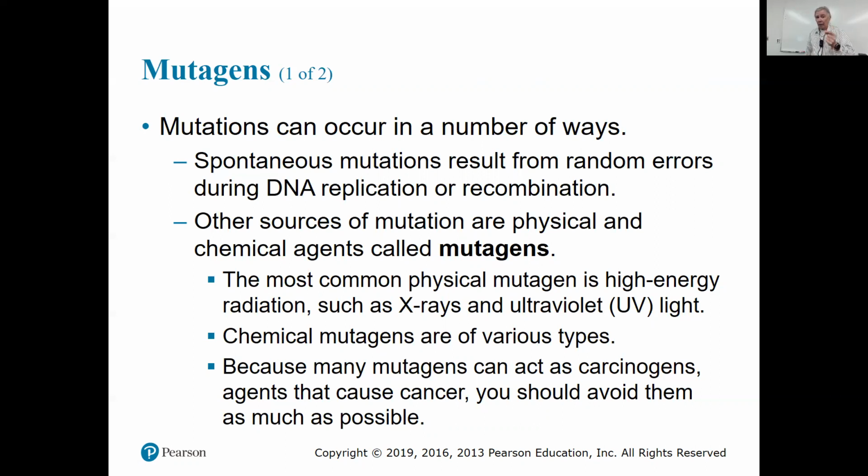Radiation can increase the rate of mutations. Many chemicals are also mutagens, and some of these mutations can cause cancer. So some mutagens are also known as carcinogens, agents that cause cancer. So you need to avoid them as much as possible, like asbestos, which is a carcinogen.